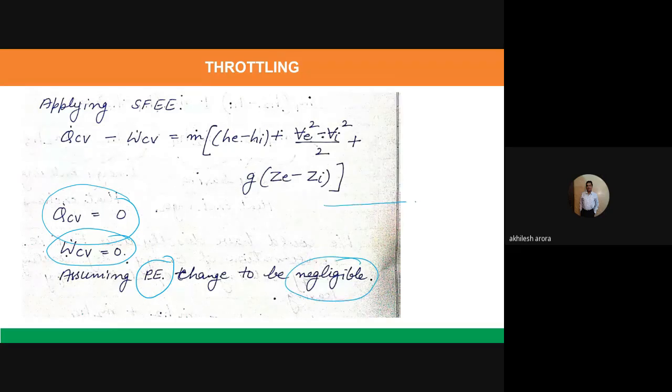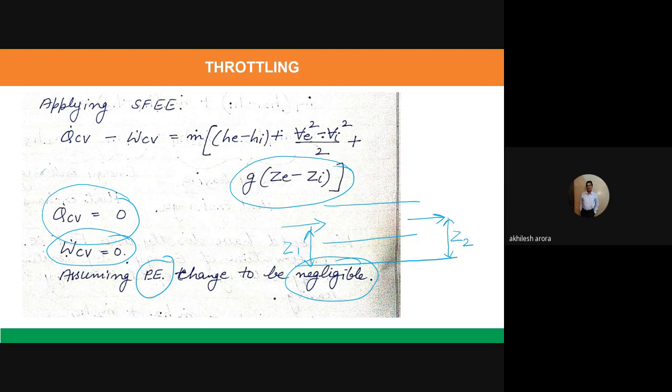We are considering a pipeline. For example, if its inlet and its outlet are both at the same level, meaning Z2 and Z1 are the same, or if there is a minor difference, then the value of g times Z2 minus Z1 will also be negligible. So that is why we are neglecting it.